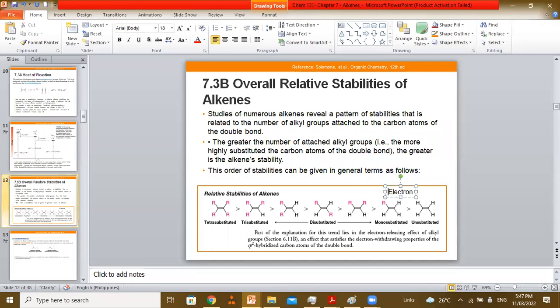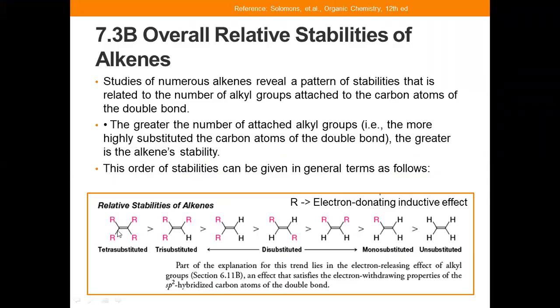The R is electron donating or releasing. That could help to stabilize the carbon, which is sp2 hybridized.